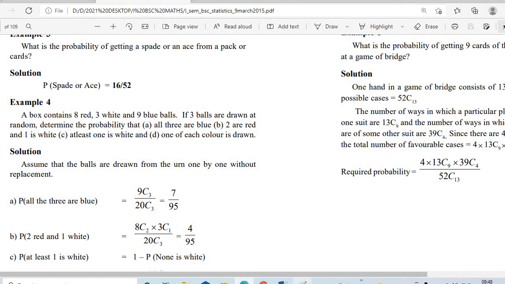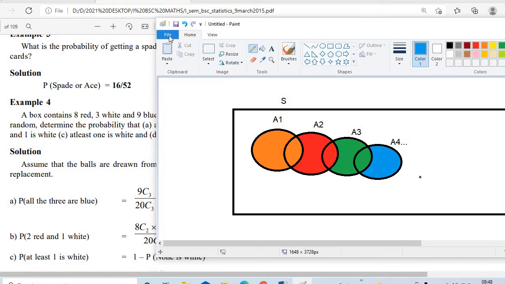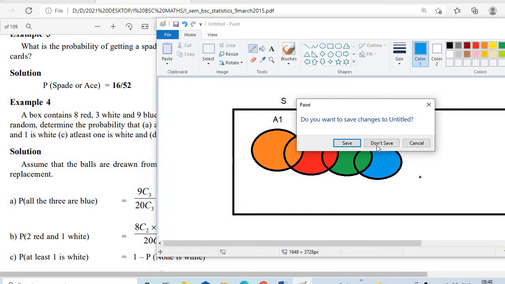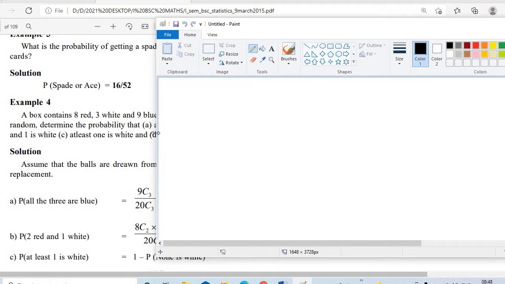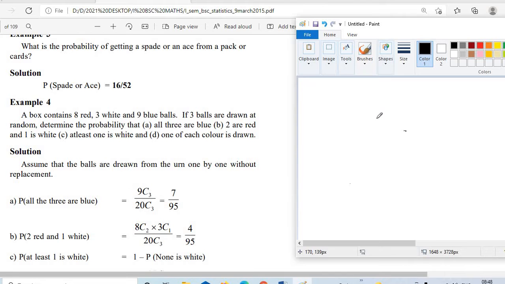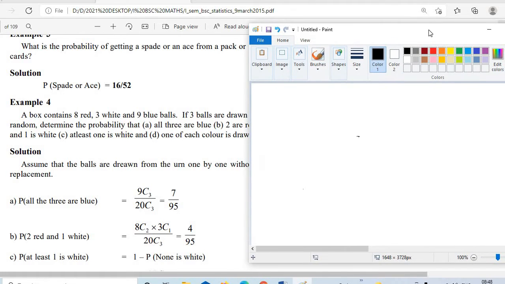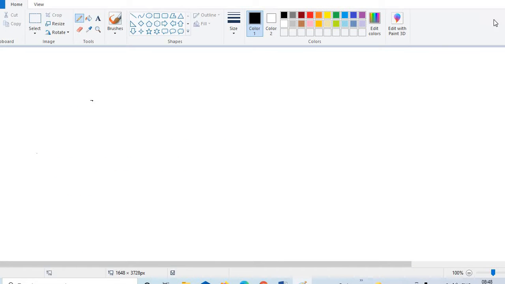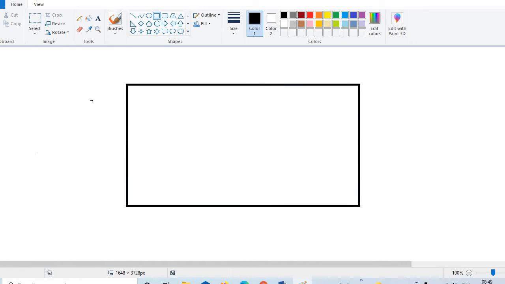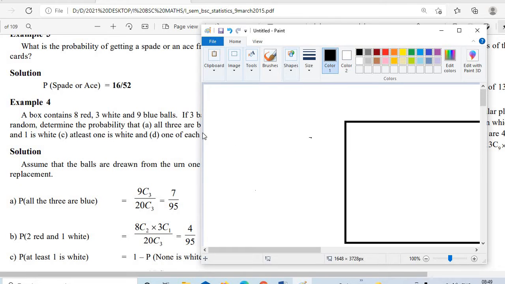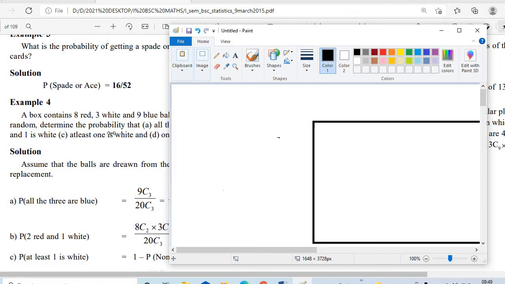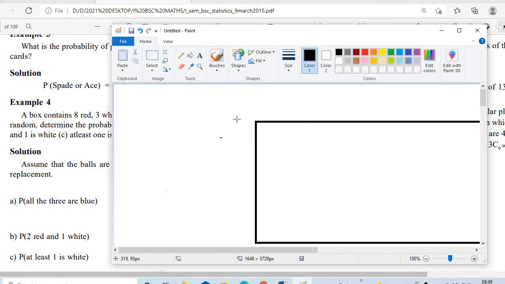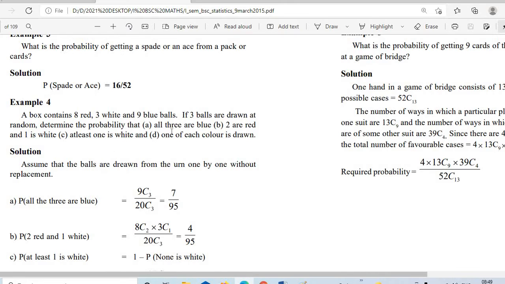If 3 balls are drawn at random, so we will... 8 red, 3 white and 9 blue balls.